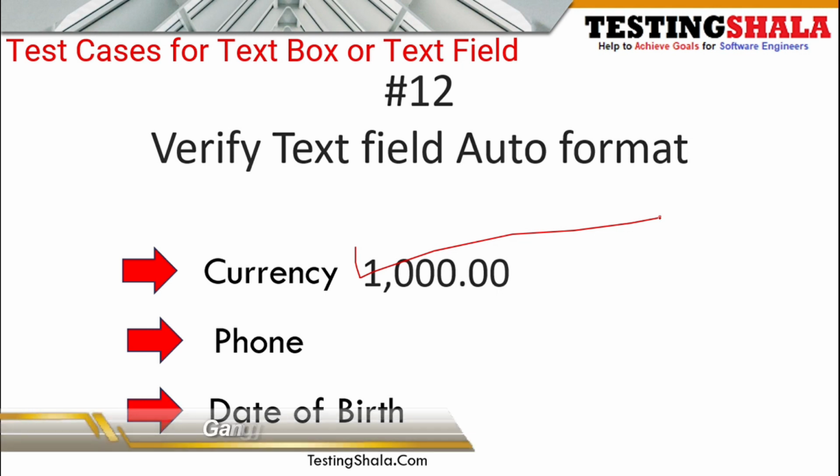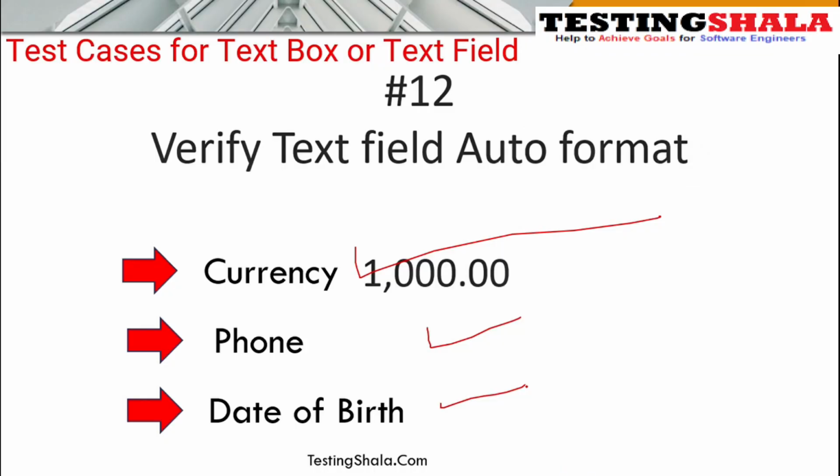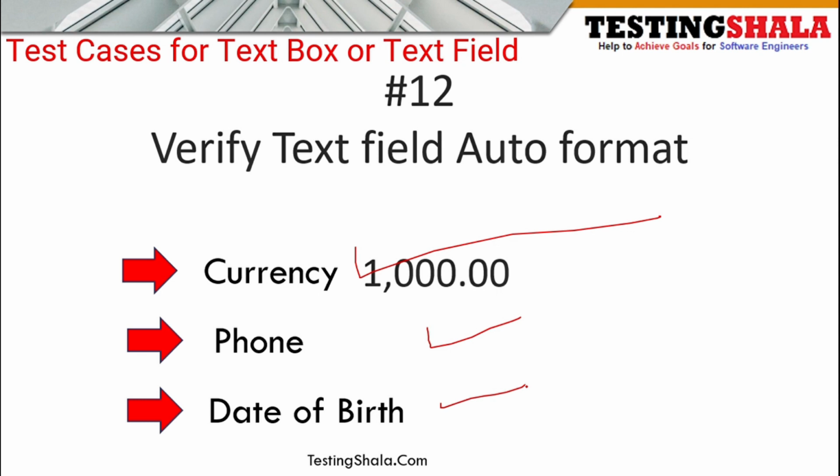Also for a phone field, you should make appropriate validations for how the phone number is represented in your application. If your text field is used for date of birth, it should display appropriately in different ways, like month, year, day, or year, month, day, or day, month, year, and many other formats. Based on your requirement, take care of the appropriate validation.